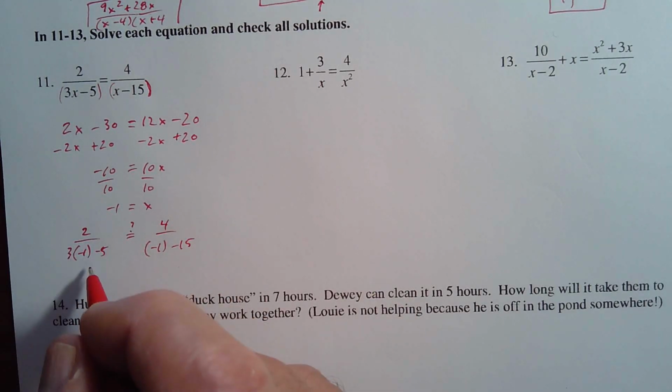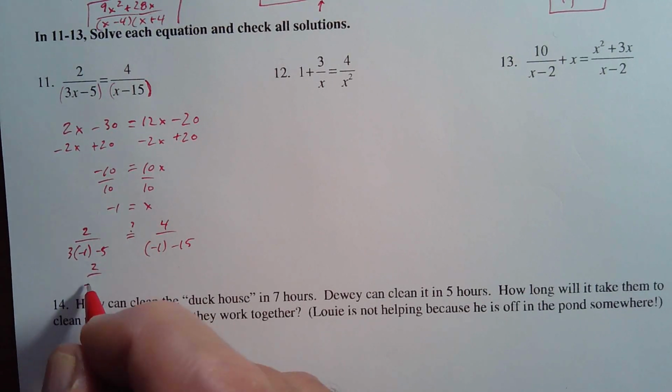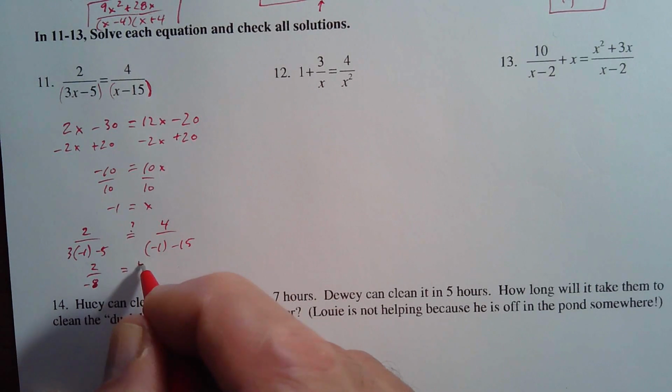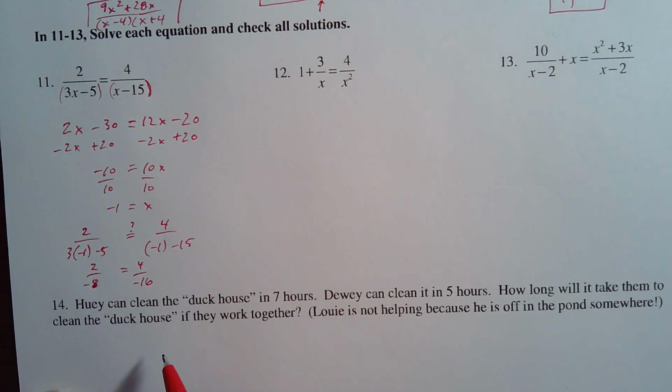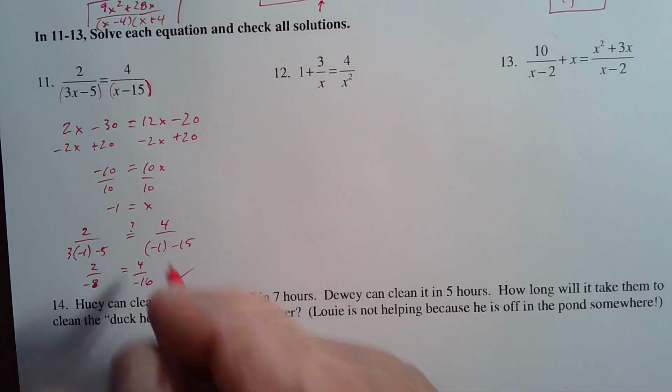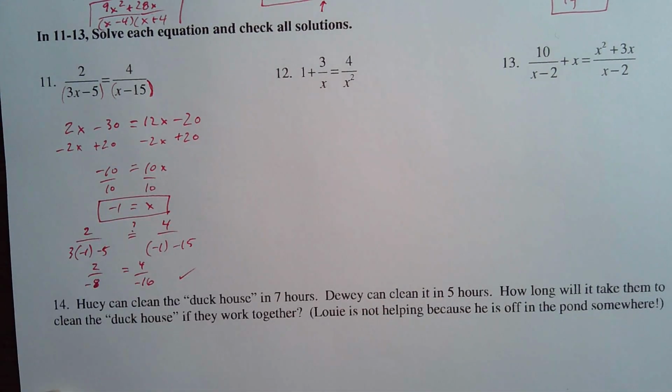Well, this makes 2 over negative 8, and this makes 4 over negative 16, and both of them equal negative 1/4, so that checks. So x equals negative 1 is a solution to this equation. It works.